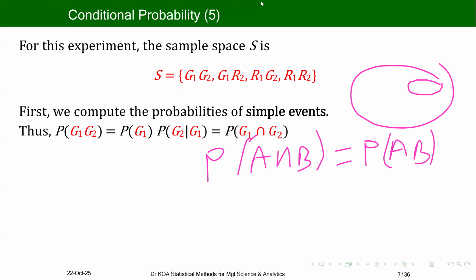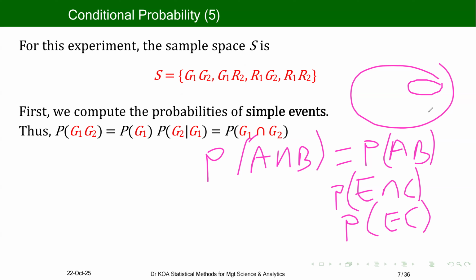So in the previous conditional probability formula that I gave you, I did not write AB. I wrote the probability of E intersection C. But if we were to rewrite it in simple event terms, it's simply going to be the probability of EC.